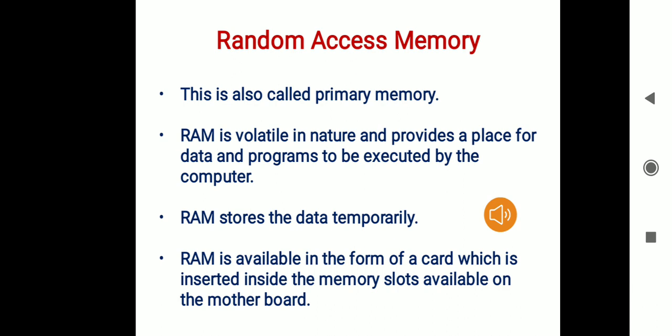In short, as long as there is an electricity supply, this RAM can hold the data. And if for any reason the electricity supply has been cut off, it cannot hold the data anymore. That's why RAM stores the data temporarily, and so it's a temporary memory.